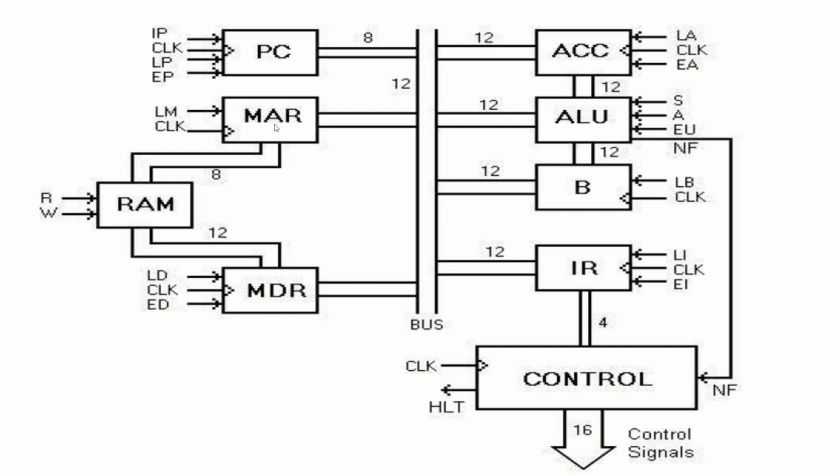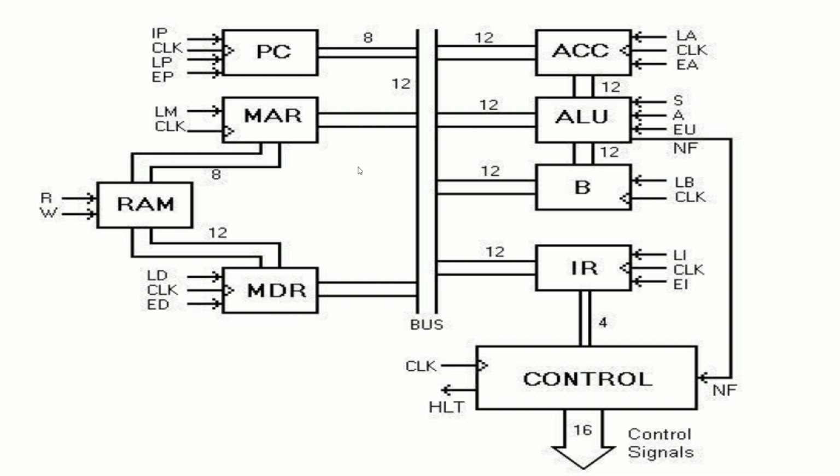You give the data whichever you want to access, its address to the MAR, it goes on to that particular memory address. Suppose it was a read instruction, then we will enable, meaning turn on, the read signal. Whatever data is stored there, we will bring it to the MDR, from where it will be brought on to the bus.